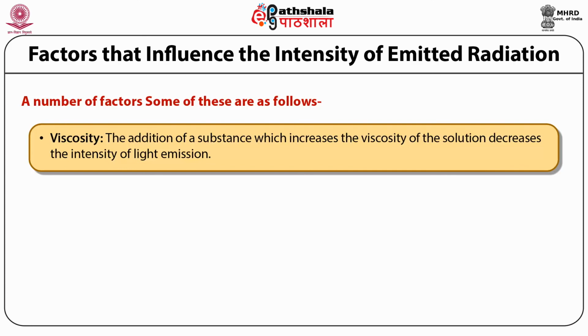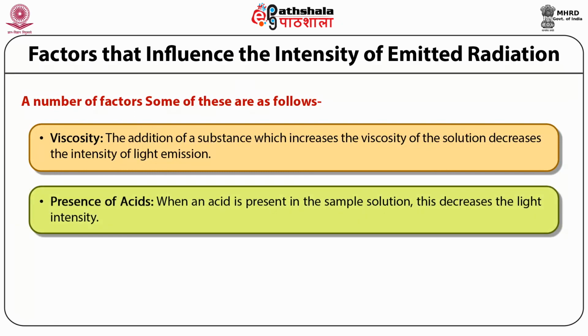This decrease is due to the reduction in the efficiency of atomization. The next is the presence of acid. When an acid is present in the sample solution, this decreases the light intensity. This decrease arises due to the disturbance of the initial dissociation equilibrium.